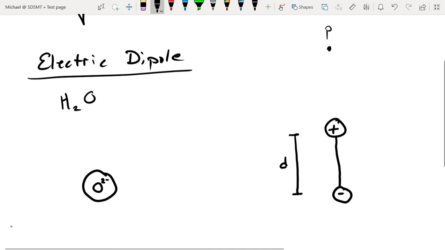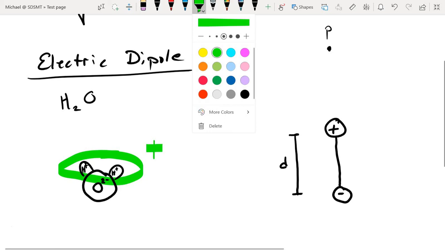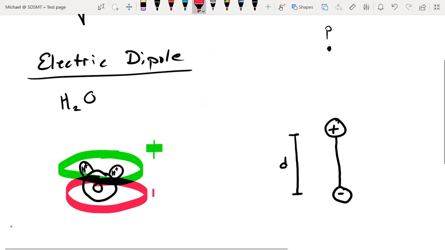Oxygen will form a -2 ion, and then the hydrogens will bond on one side of the oxygen. And because of that, one side of the molecule becomes more positively charged, and the other half of the molecule becomes more negatively charged.